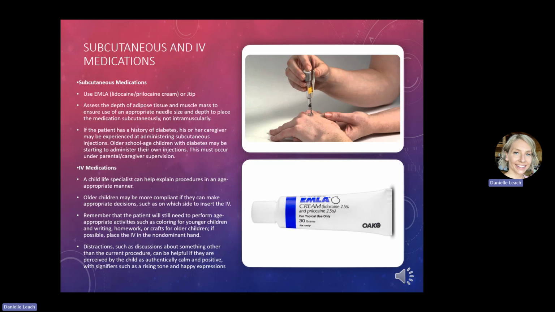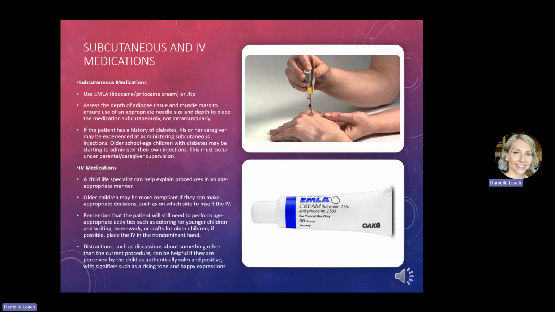If we are doing one of these procedures, like either an injection or an IV or whatever it may be, we can use the child life specialist to help explain what's going to happen and for them to bring distractions, so things like iPads or toys, whatever they have that can make the procedure more comfortable for the child. We also, if possible, want to avoid places that may get in the way for the child.